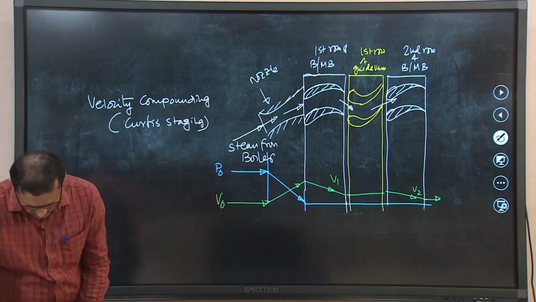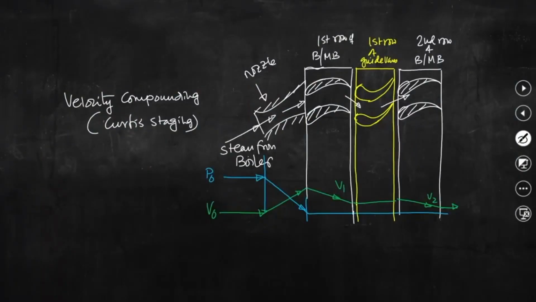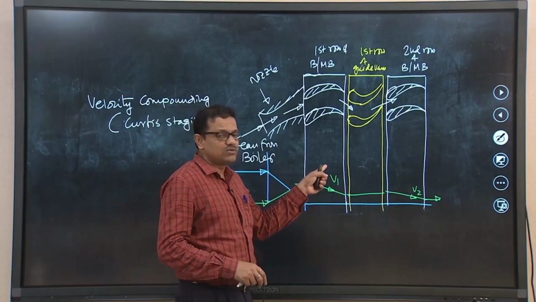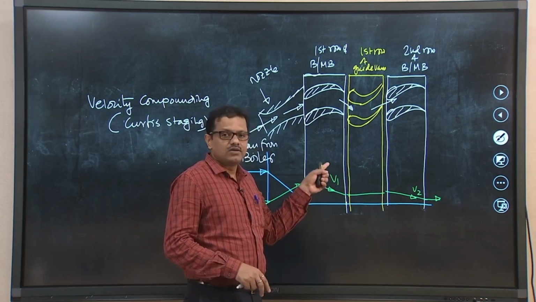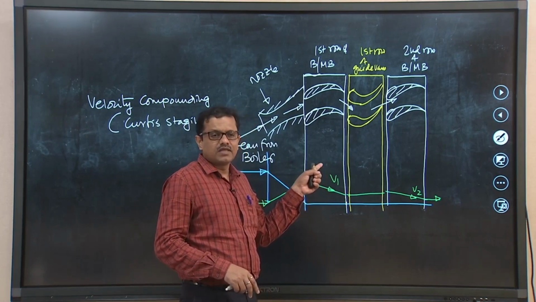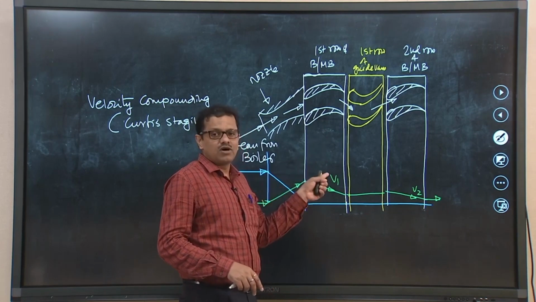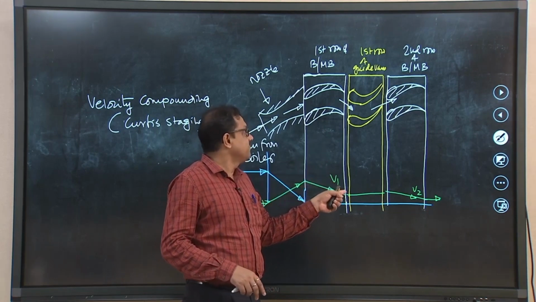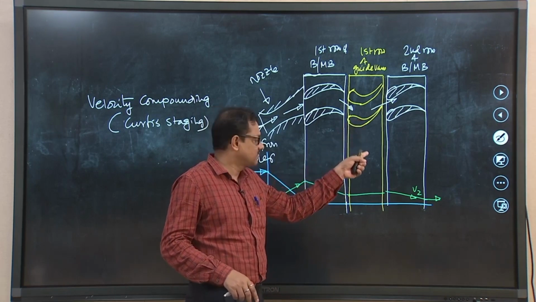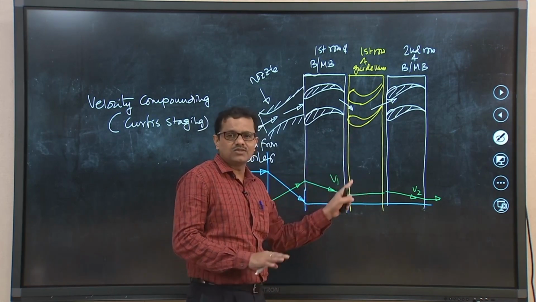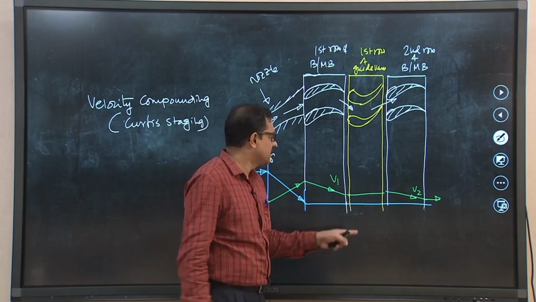So, what we can see is that steam with high kinetic energy enters into the first row of moving blades. That steam jet works on the first row of moving blades, leaves the first row of moving blades and enters into the first row of guide vanes. Therein there is no change in kinetic energy, theoretically.